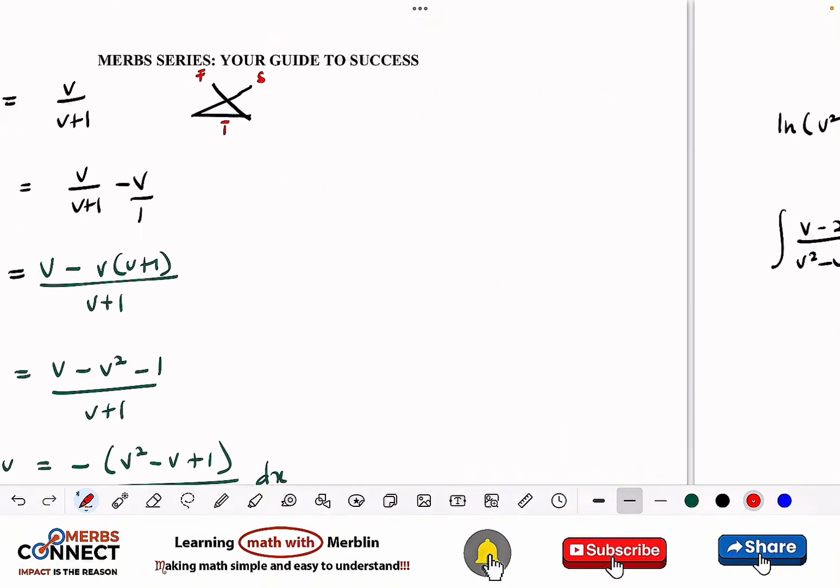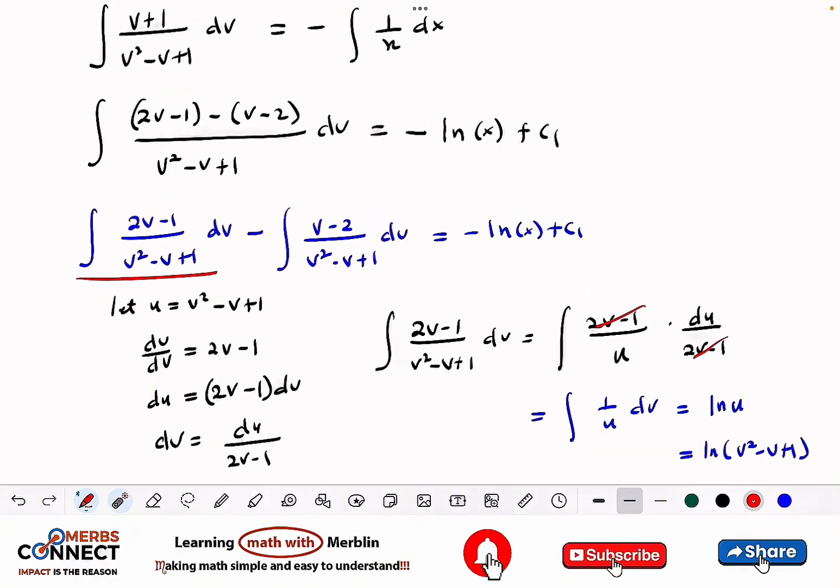Let me see something here. If I let this one be this, can I do something about this? No. Okay, I can't do anything about this.